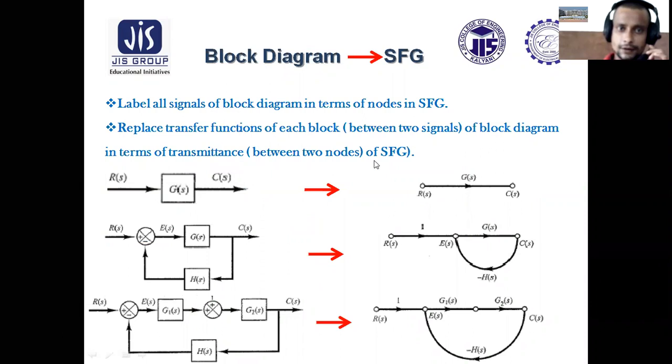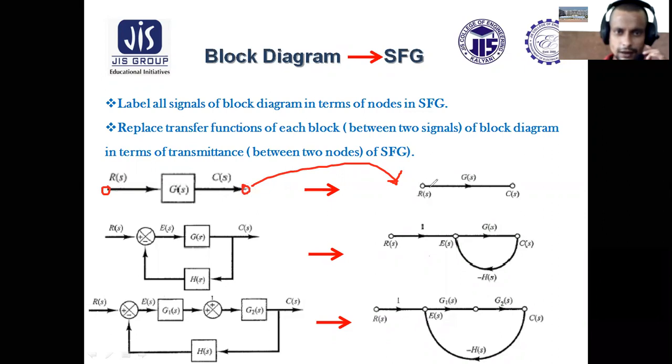Okay. So here, on the left side, simple block diagrams are given. On the right side, signal flow graphs are given. How to convert these block diagrams into signal flow graphs, that we are going to discuss. Now see here, there is a node which is the input node. This is the output node.